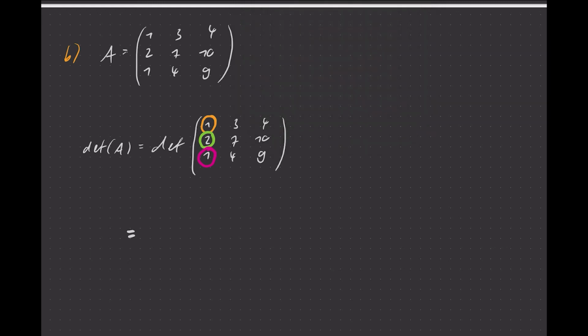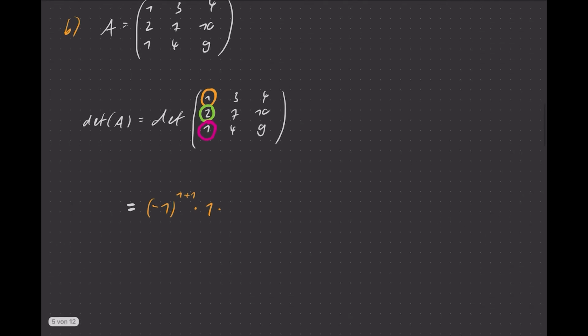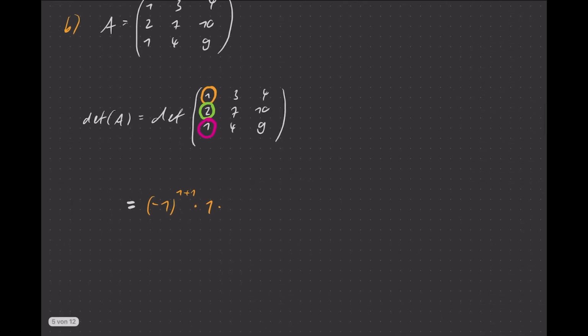The first summand will be minus 1 to the power of I plus 1. So this is 1 plus 1 times the actual entry, that's a 1, times the determinant that we obtain by removing the first row and the first column.